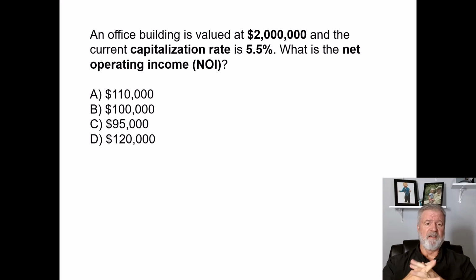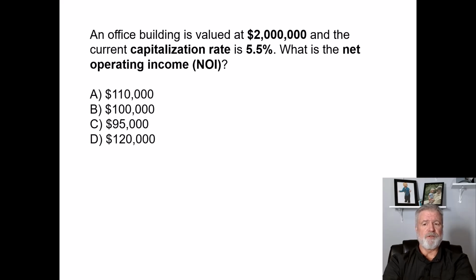So what did they give me? I know the value is 2 million. So if I put that in my calculator, times 5.5 and then the percent key, or if you're going to convert it to a decimal, it's 0.055. But I think you'll find if you just use the percent key on the calculator, it makes things a whole lot easier, that's for sure.